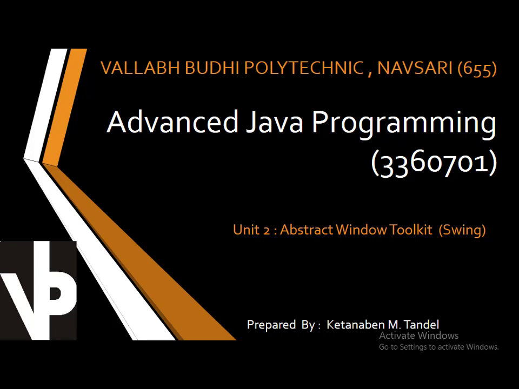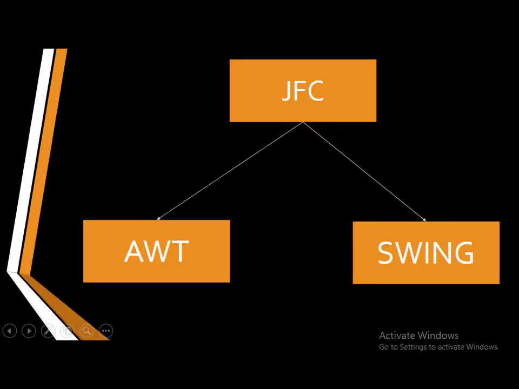I am going to teach you about Swing, that is a part of our subject Advanced Java Programming. Swing relies in Unit 2, that is Abstract Window Toolkit. Now, as we know, Java Foundation Classes provide two ways for graphical user interface.